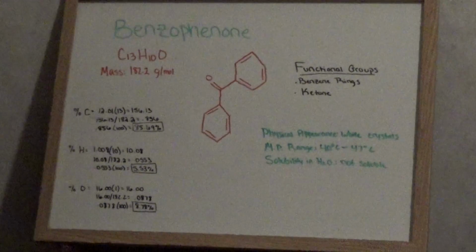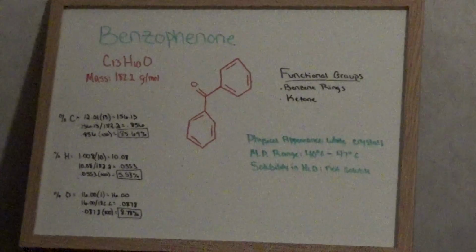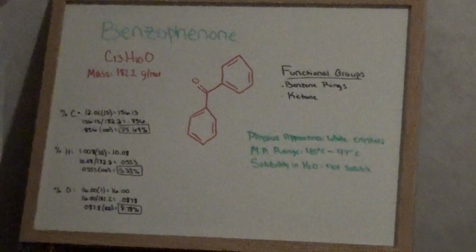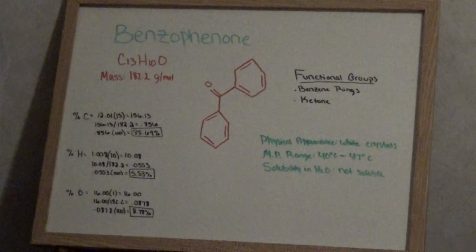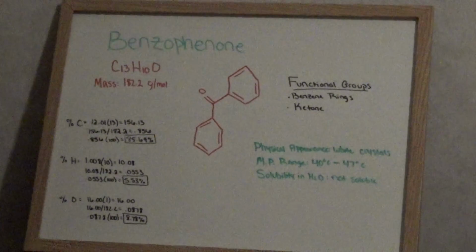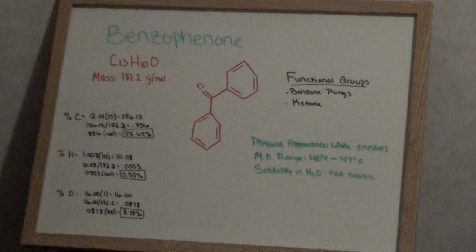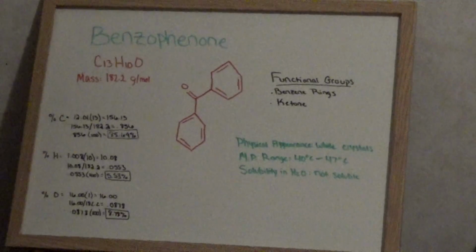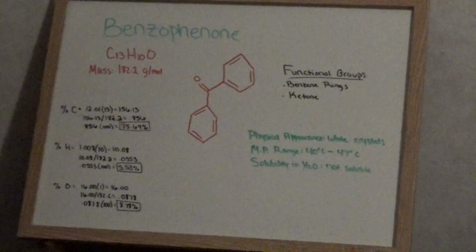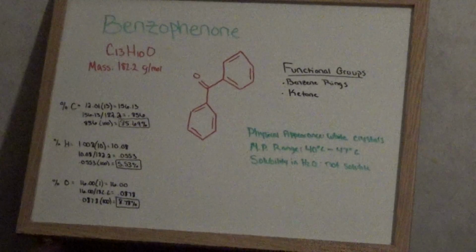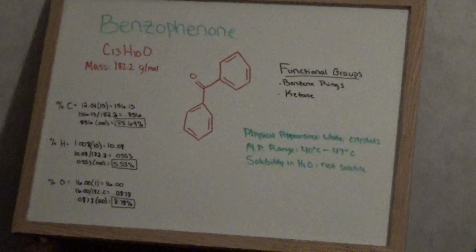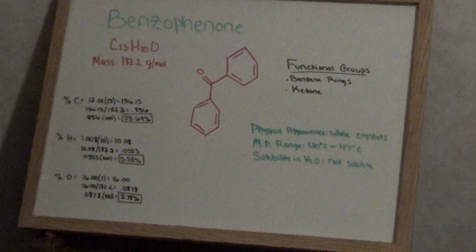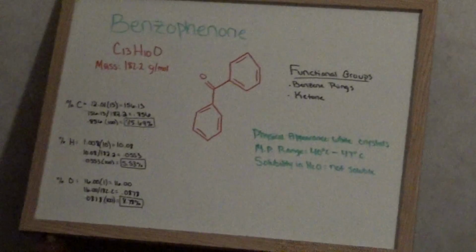If it wasn't for benzophenone, these products would have to be packaged in dark packaging so that they wouldn't decompose due to the light. And then benzophenone is also used in cosmetics, hairsprays, and hair dyes, but it usually just depends on what type of variant of benzophenone is being used.